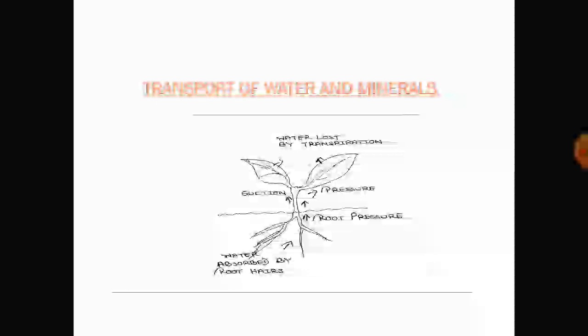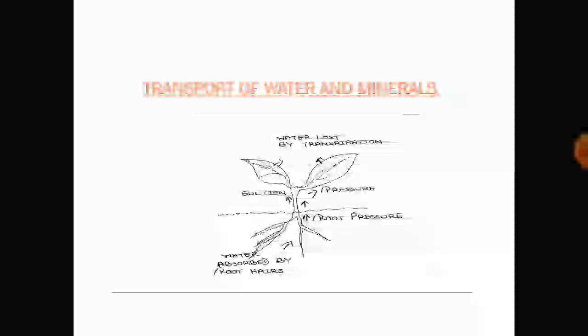So again I repeat, the pressure developed in the root due to continuous entry of water is called root pressure. So, this helps in pushing the plant sap upward, and root pressure appears only when the rate of absorption is higher than the rate of transpiration.